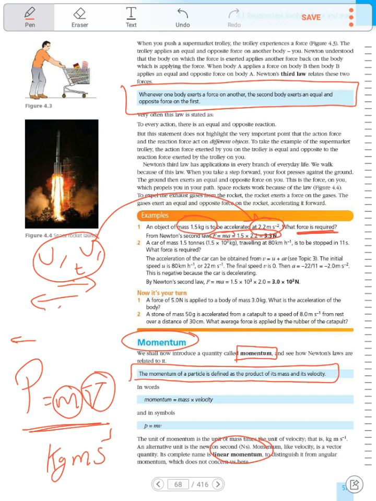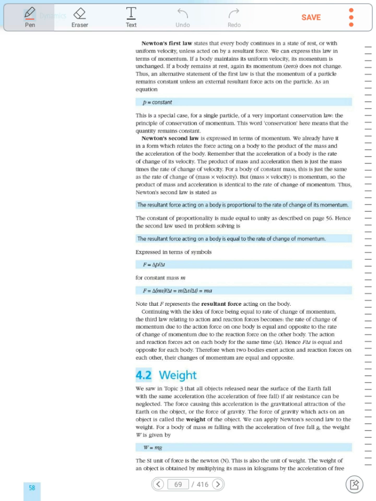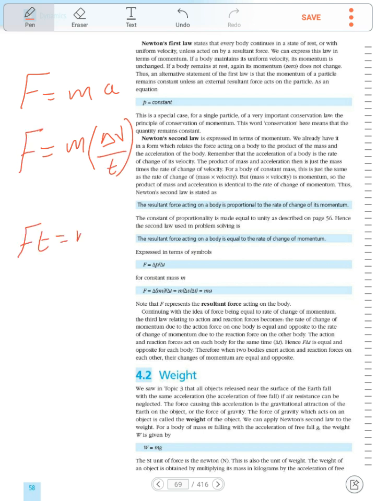Depending on the momentum, you can understand how the object interacts with another object if it hits a wall or whatever. Now, F equals ma is Newton's second law, and the acceleration is the change in velocity per unit time. If we multiply both sides by time, we have mass multiplied by change in velocity, which is the change in momentum.